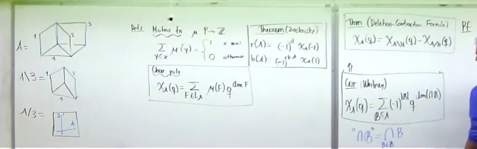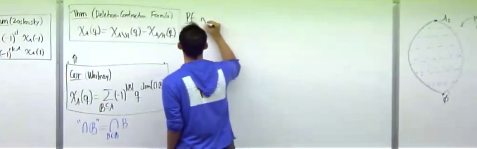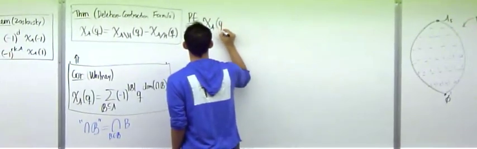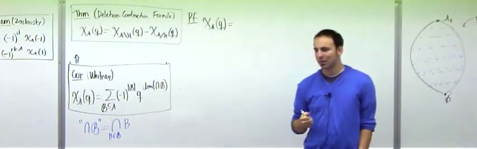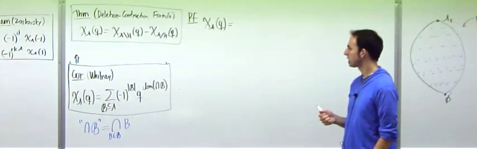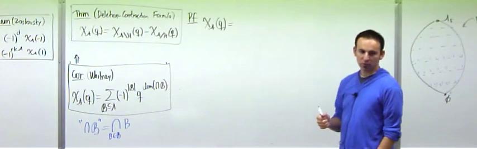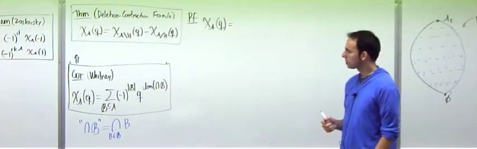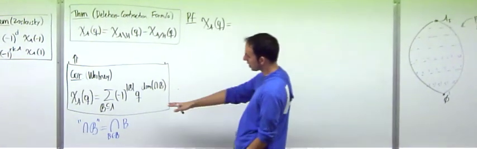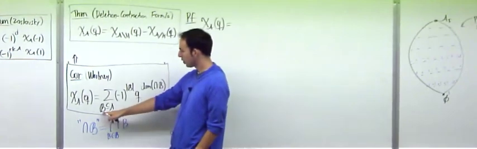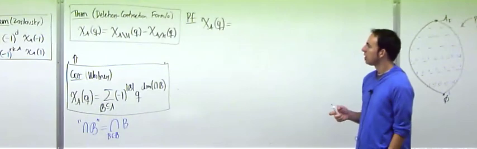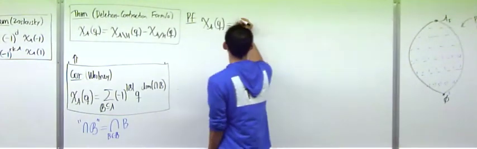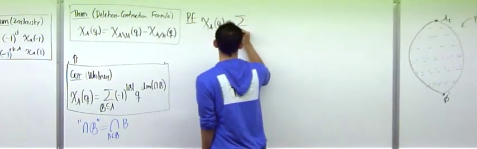So here's the proof. This proof, you'll see, again, I'm not going to do anything very intelligent. It's just a computation where you have to keep track of everything carefully. So I'm going to use Whitney's formula. And Whitney's formula tells me that I should add up over all subsets of A and do all of this stuff. But I'm actually going to do this in 2 steps.